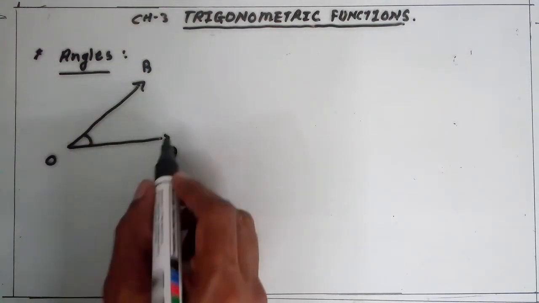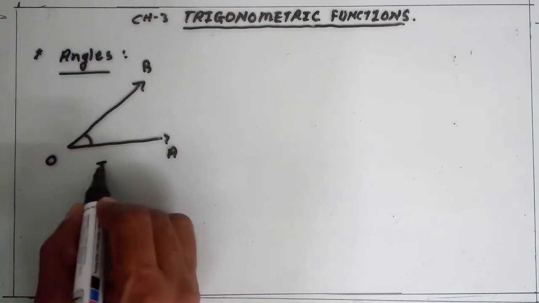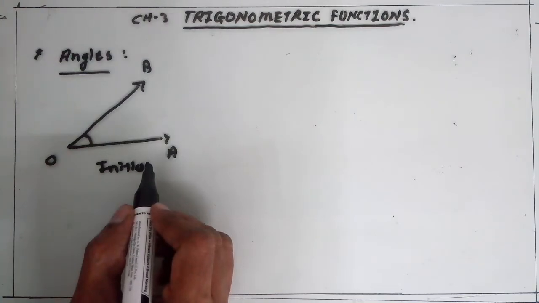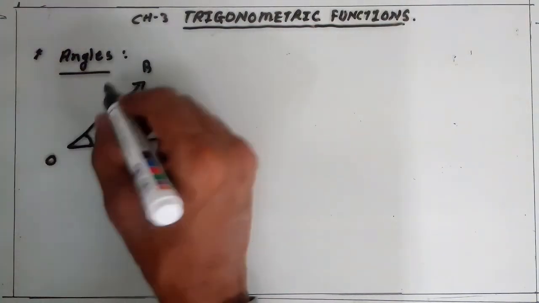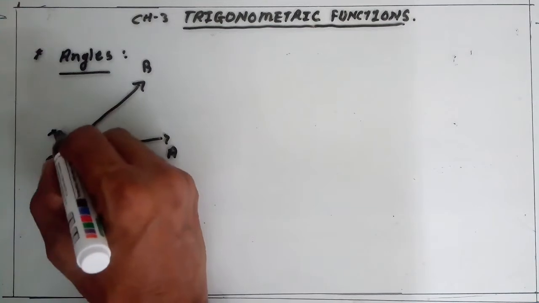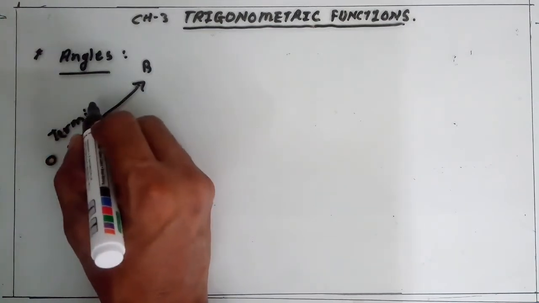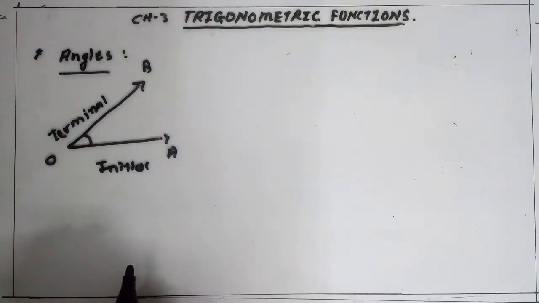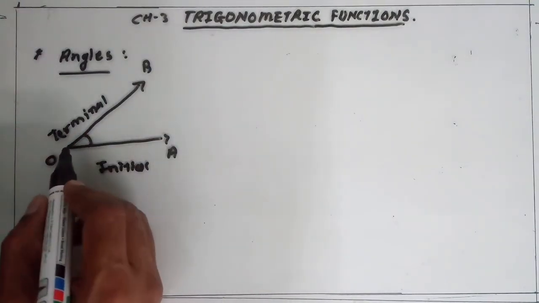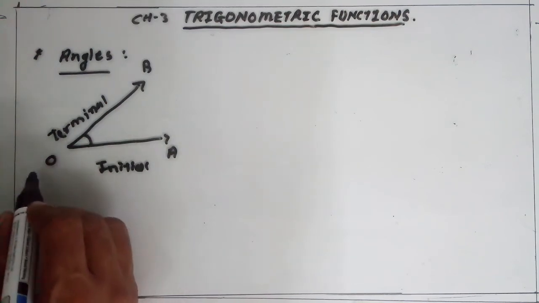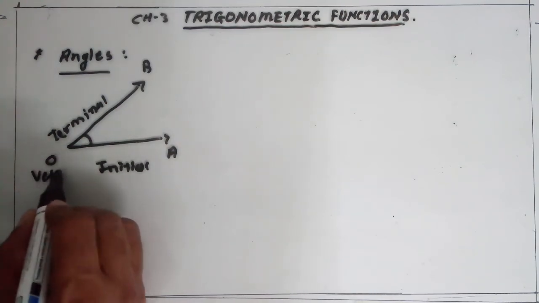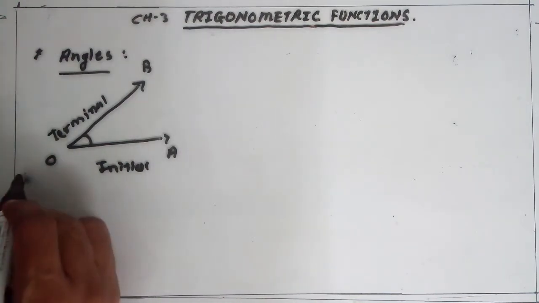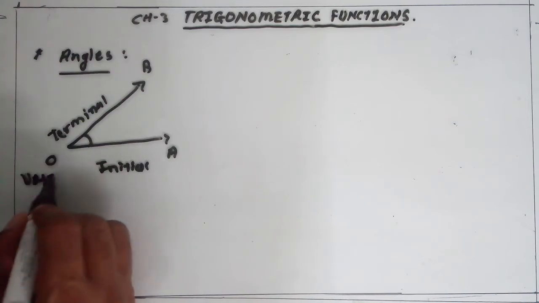Here OA is called the initial side of the angle, OB is called the terminal side of the angle, and the point O of rotation is called the vertex of the angle. Clear this?